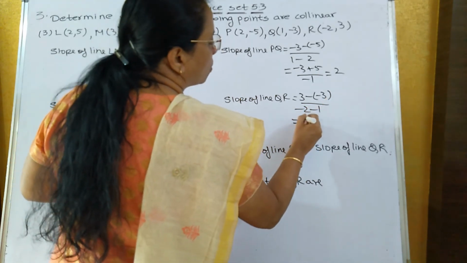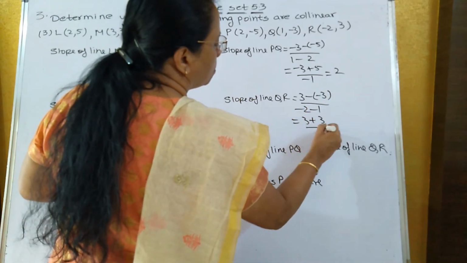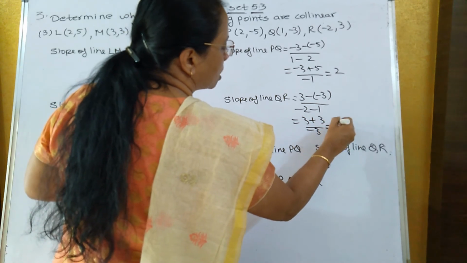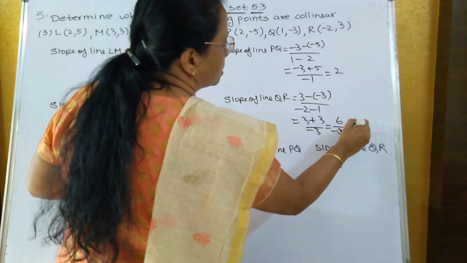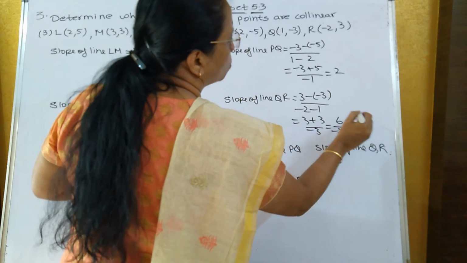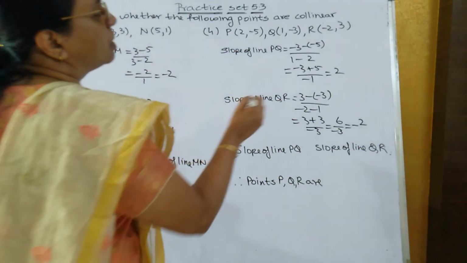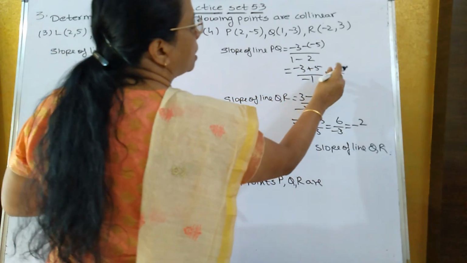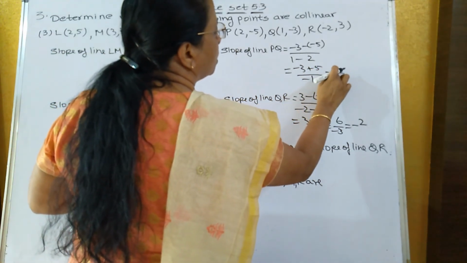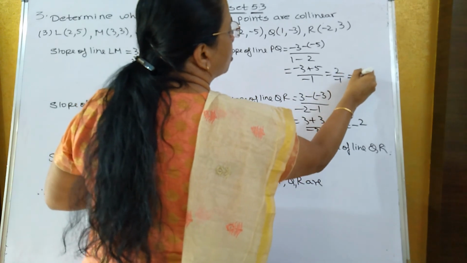So that's equal to 3 plus 3 upon minus 3, that's equal to 6 upon minus 3, that's equal to minus 2.